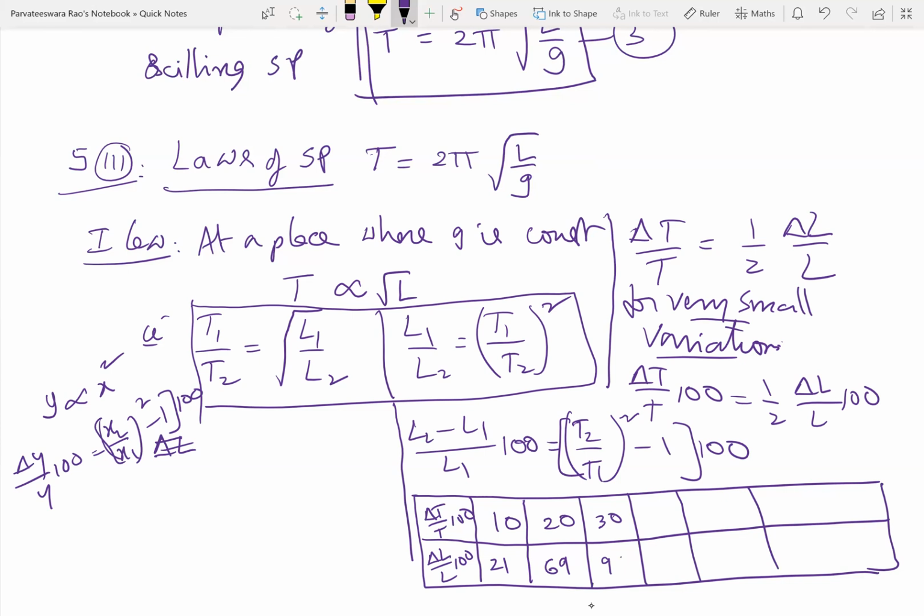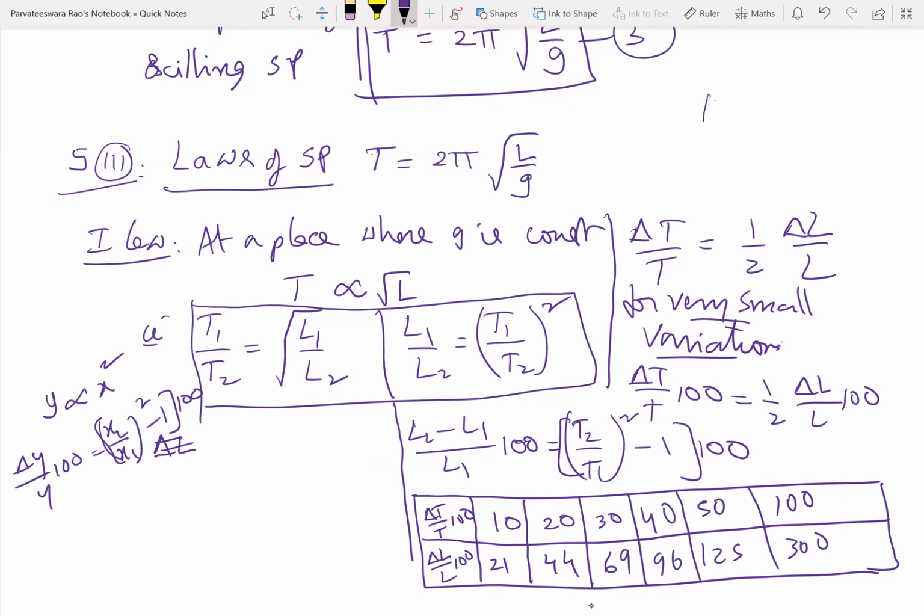No, this is 44. This is 96, 69, 40, 96, 50, 125, 100, 300. So there I said, do you remember this table at least? No, sir. I'll check in the Work and Energy notes.